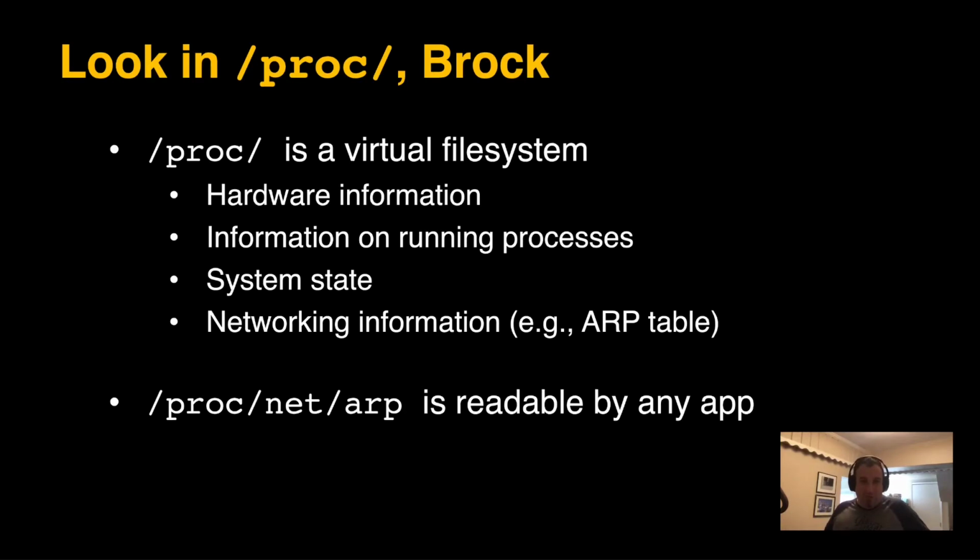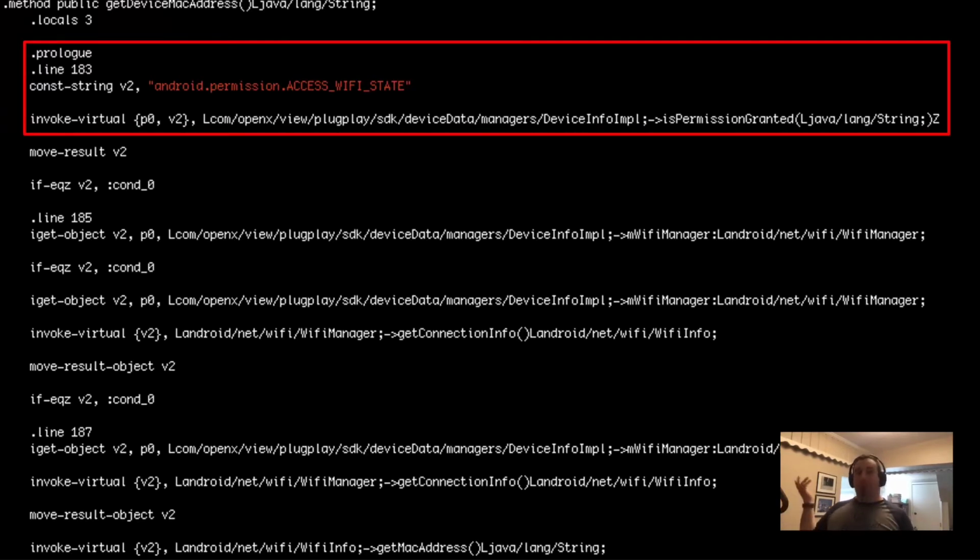But obviously that's all out the window if it's world readable on the file system. So, one of the SDKs that we found doing this looked pretty blatant. Here, this is a decompiled SDK. It calls this function isPermissionGranted, which, as the name indicates, checks to see whether the permission was granted to the app.